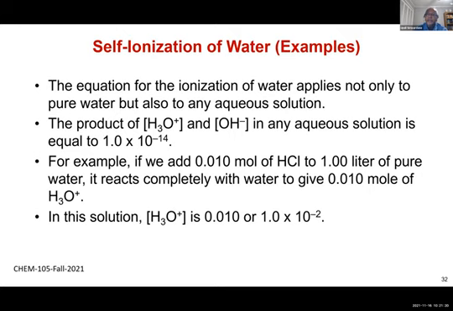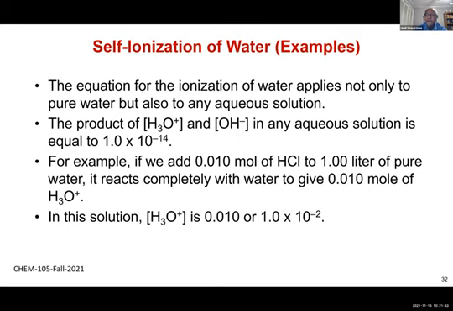Now, hydronium ion concentration is mainly from the strong acid. Therefore, it changed the hydronium ion concentration from 1.0 times 10 to the negative 7 to 1.0 times 10 to the negative 2. This means the concentration of hydroxide ion is 10 to the negative 12. Why? Because the product of hydronium ion concentration times OH ion concentration has to be equal to Kw.